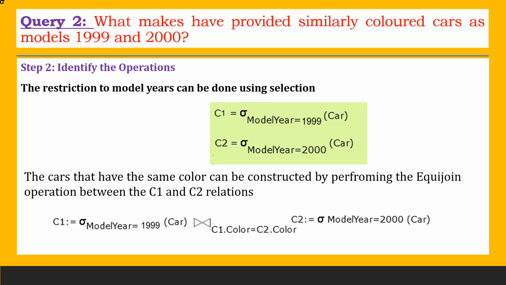Okay, then we have to find out the similarly colored cars. So we have to check whether the C1 color is equal to C2 color, right? So we can perform an equijoin between these two relations C1 and C2. C1 join C2. That join operation is an equijoin, and the condition is C1 dot color is equal to C2 dot color.